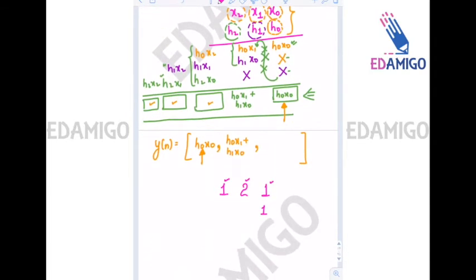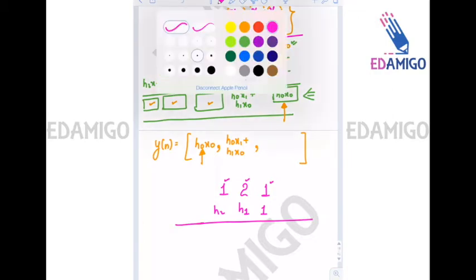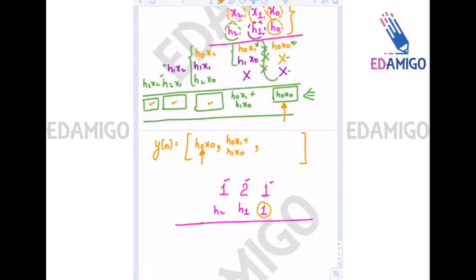Let us say this is h1 and this is h2. Now we will do the multiplication as I have already told you. 1 multiplied by 1, we get 1. 1 multiplied by 2, we get 2. 1 multiplied by 1, we get 1. Then we will put a cross sign.